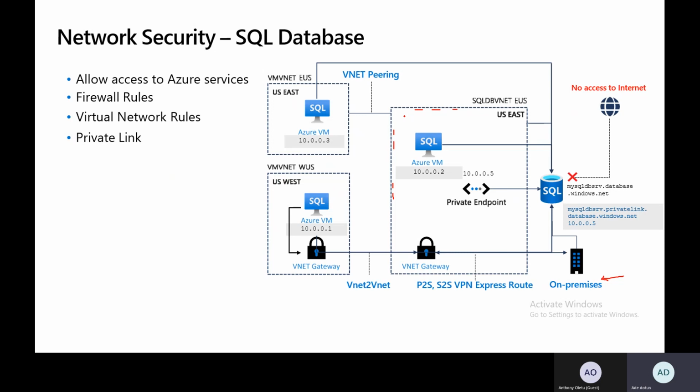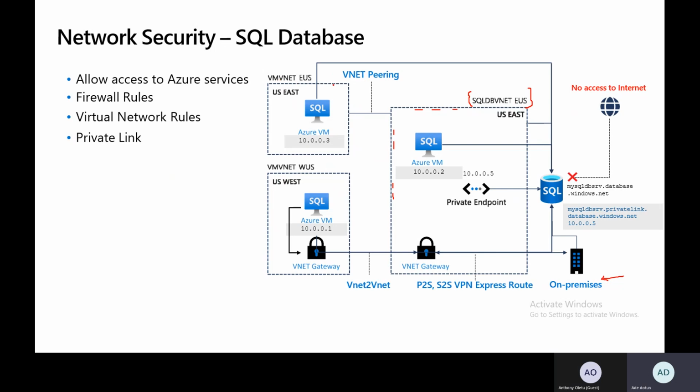So if you look at this diagram very well, there is a virtual network here. So the name of this virtual network is this one here: SQL DB VNet East US. SQL database virtual network East US. Good.